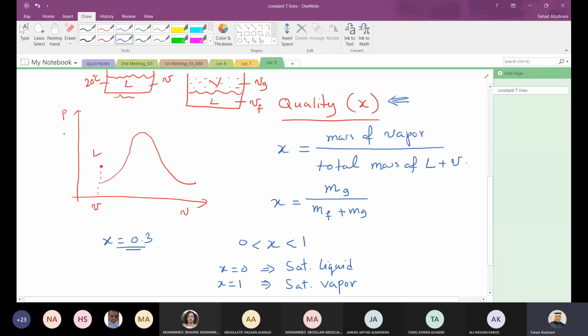In the compressed liquid, in the subcooled region, and the superheated region, X is not defined. We don't define X. The quality is only defined in the saturated mixture region. Is that clear?